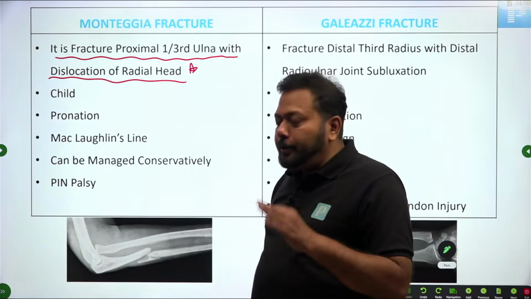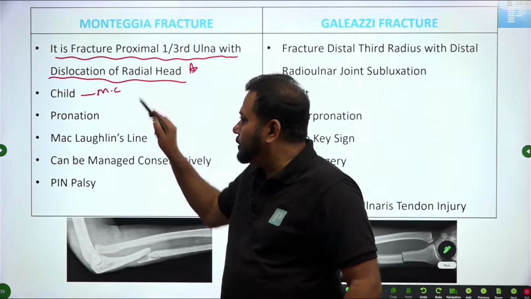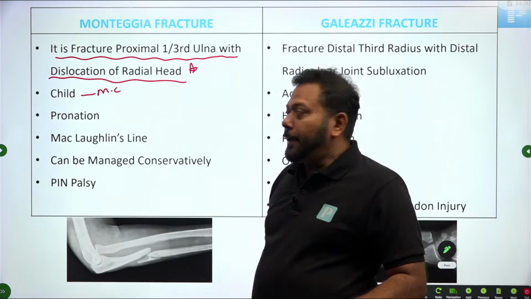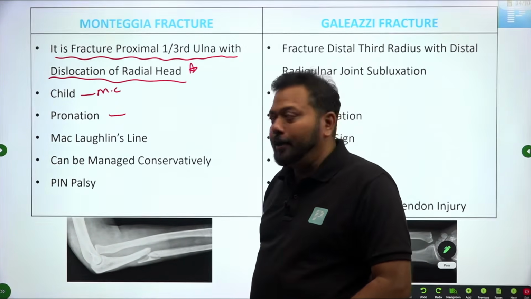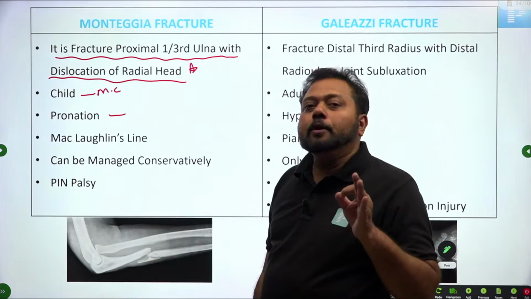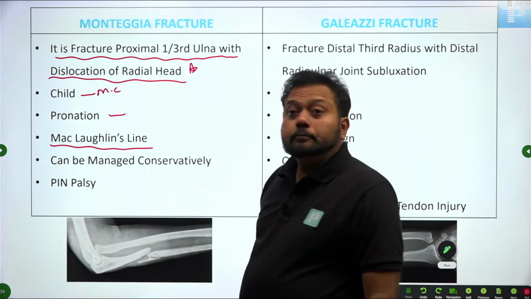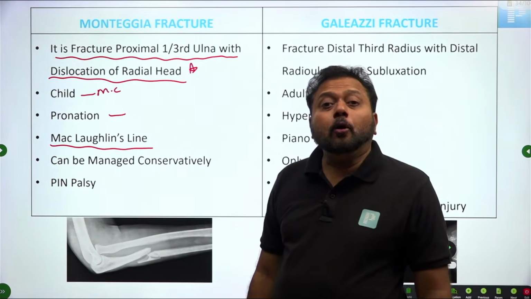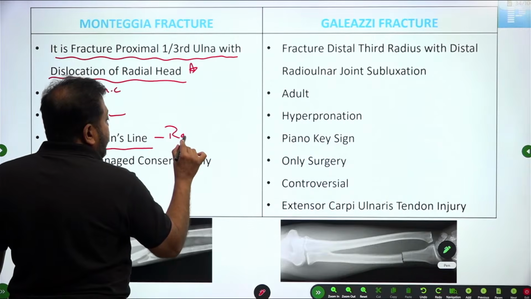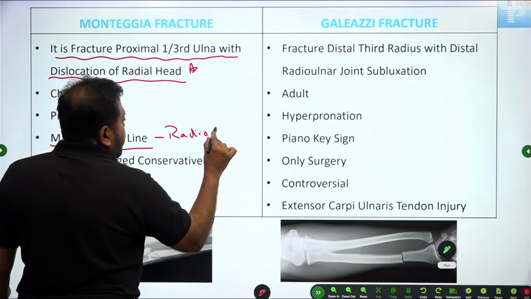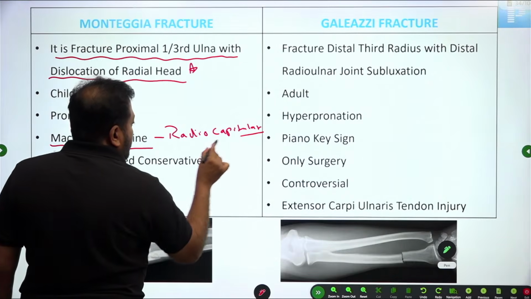Monteggia is more common in children. The mechanism of injury is pronation. In Monteggia, one should not forget McLaulin's line, which is otherwise called the radiocapitular line.